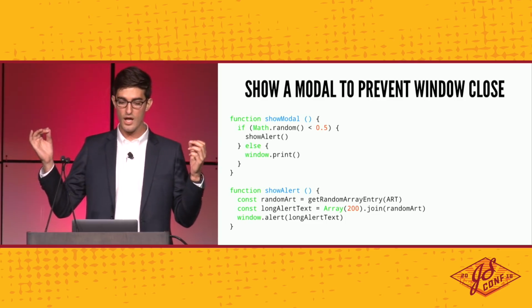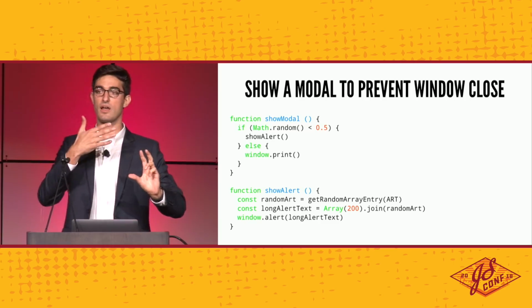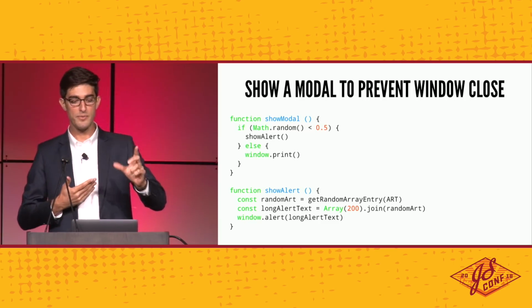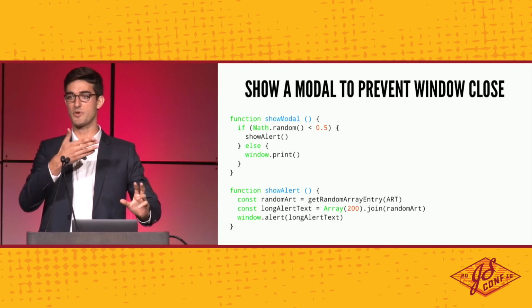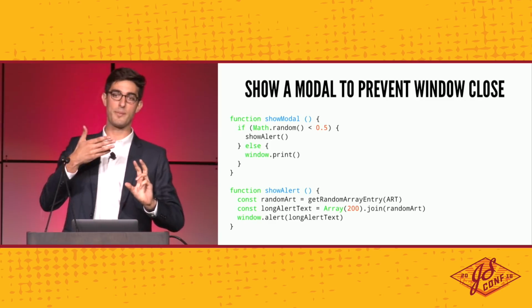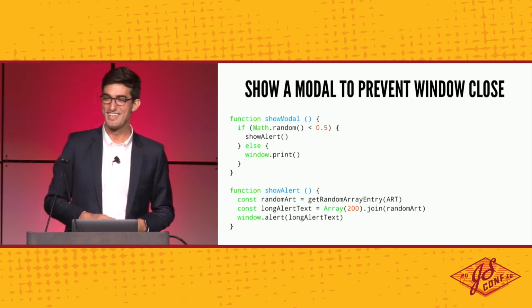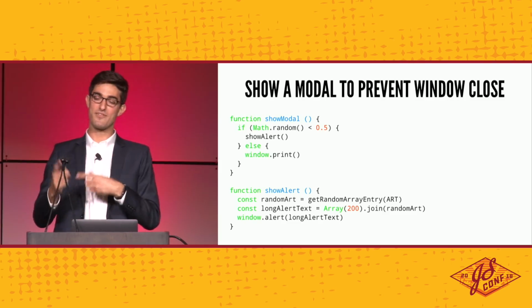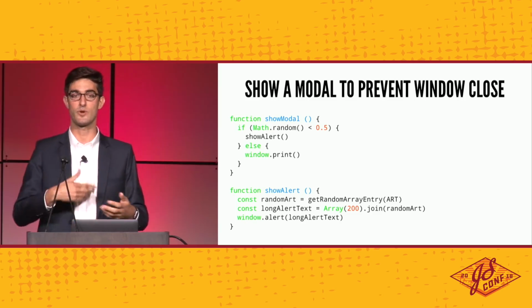If, in response to them pushing Command, you open a modal dialog like an alert, then the W doesn't do the full shortcut anymore, because the dialog is opened up and it just sees it as a W. So all you've got to do is when they push Command, you open a pop-up and an alert, and then W doesn't work. So that's nice. And we can also vary it a little bit for good fun. So some of the time we can call window.print, which asks if they want to print the page.